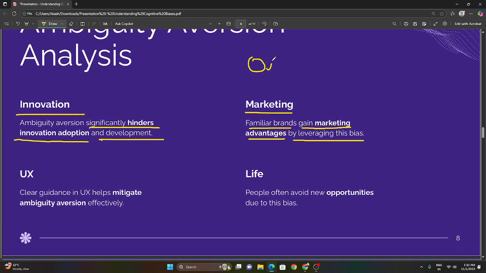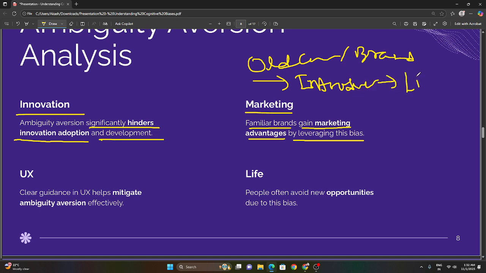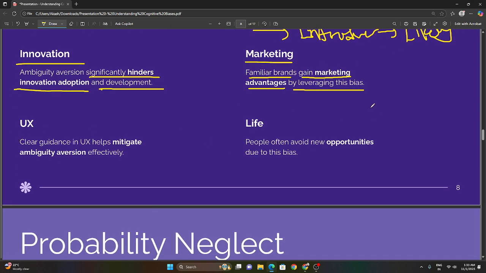Most old companies or old brands, if they introduce a new product or service, people are highly likely to buy it, because they are already connected to that brand. They are not going to buy from a brand new company just because it is offering something new.